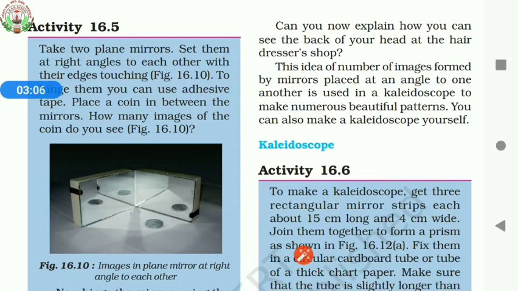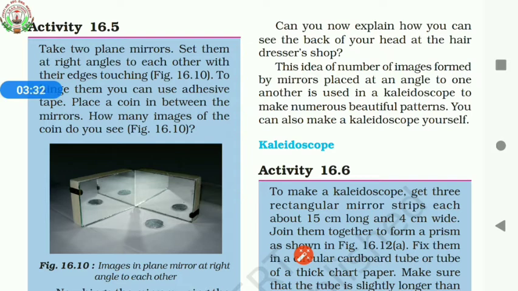You are aware that a plane mirror forms only a single image of an object. Suppose instead of a single mirror, what will happen if two plane mirrors are used in combination? Let us see.